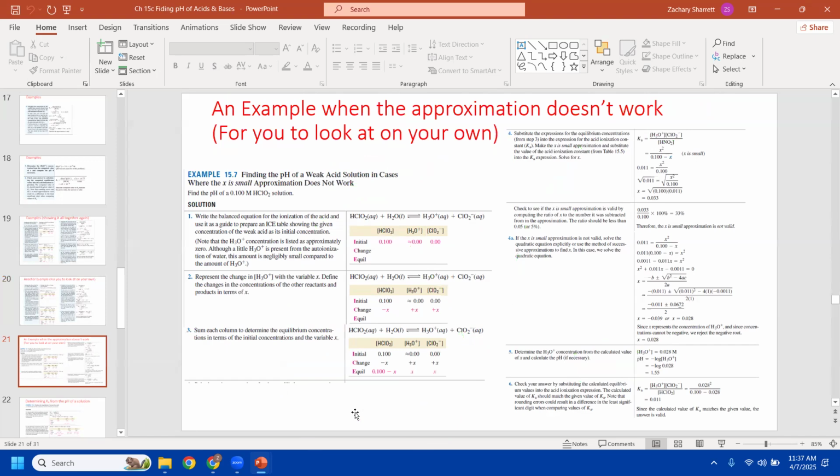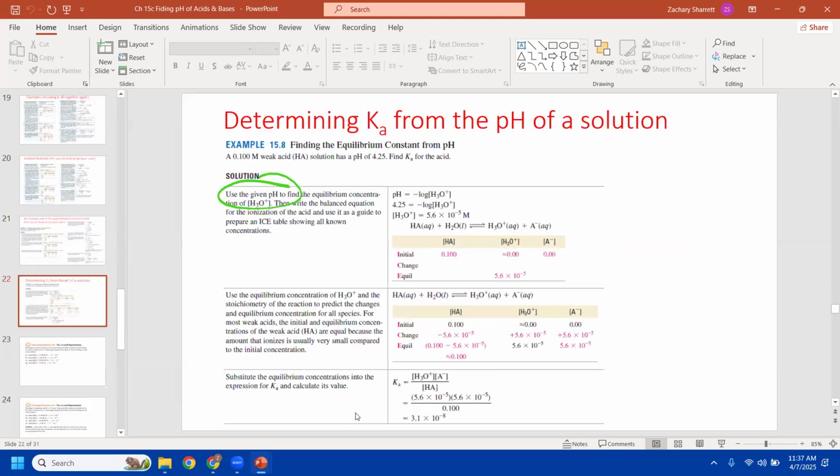Here's another example where the approximation doesn't work, which is lame, but so let's see. When we look at this problem, we're doing 0.1 molar HClO2. Let's look at it, okay? So in this case, let's actually do this because this is what we're doing for lab.